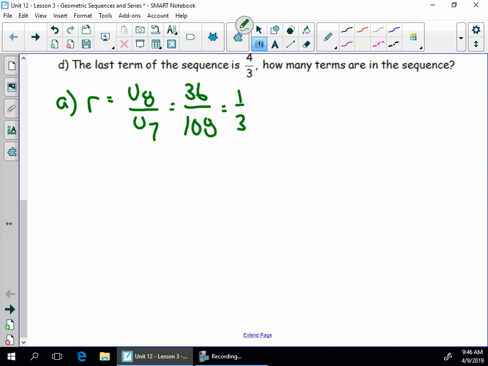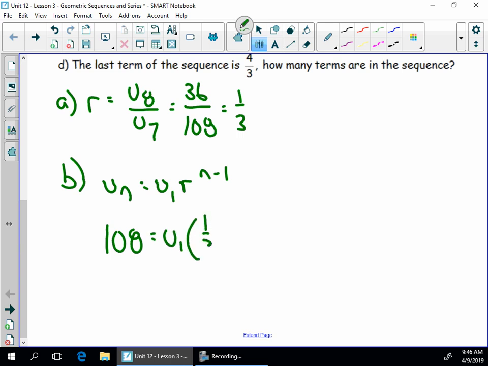Let's find u1. Okay, so I'm going to take my equation and plug in some things that I know. For instance, I know that u7 is 108. So 108 occurs when I have an n value of 7. I'm going to take my information from right here. n is 7, the term value is 108.